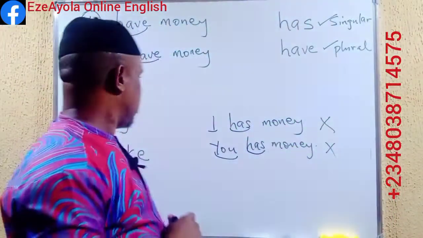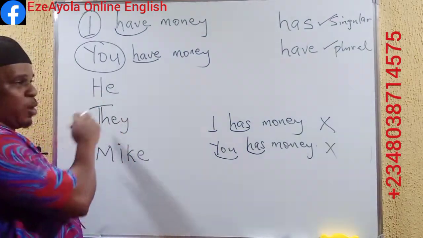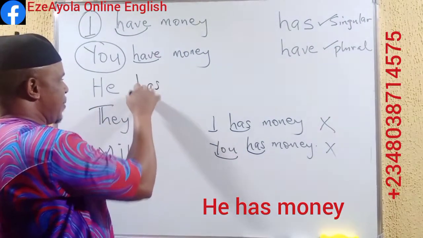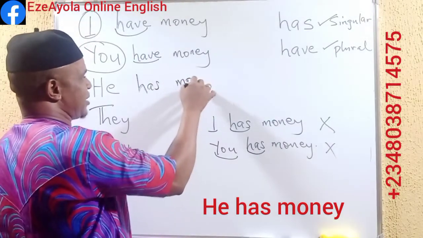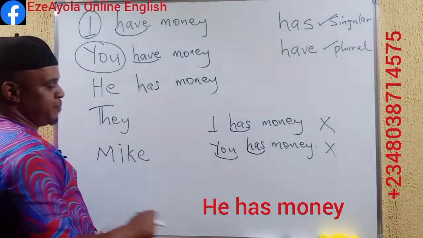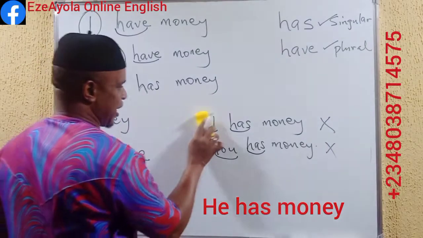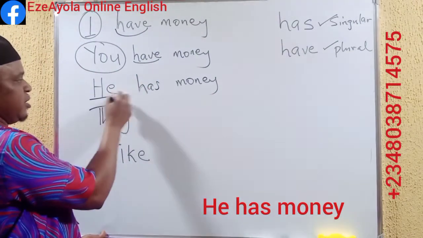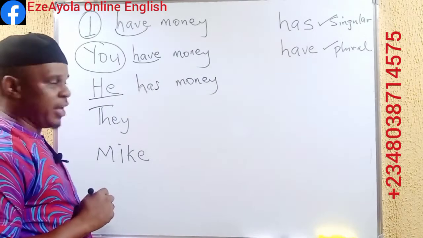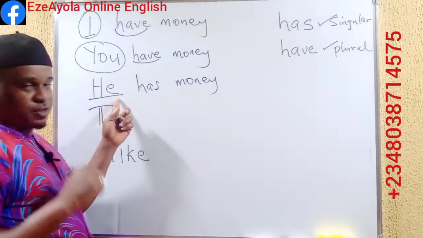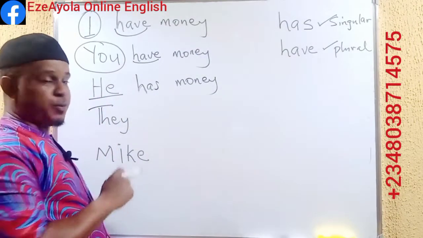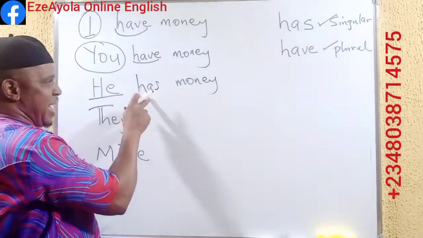Let's take note. Just like here we have it as he has money, okay? He has money. Have you seen this? He has money. You can see the agreement. He, singular subject, okay? Under the third person pronouns, that is personal pronoun, third person, he has money.